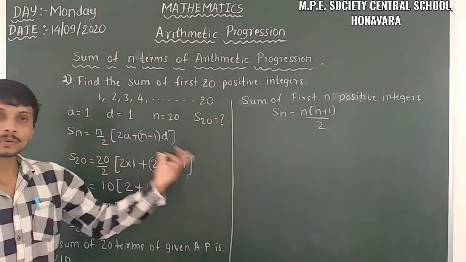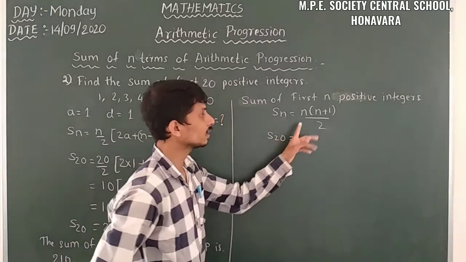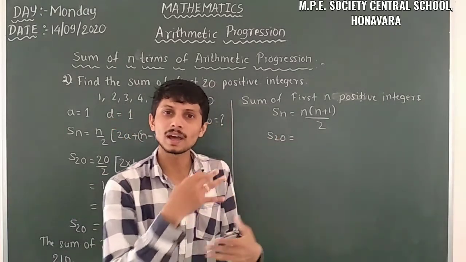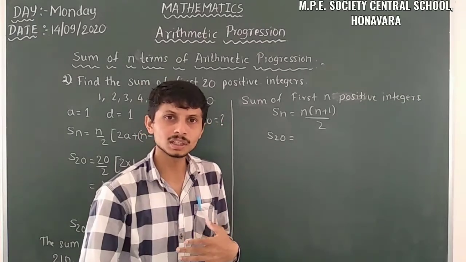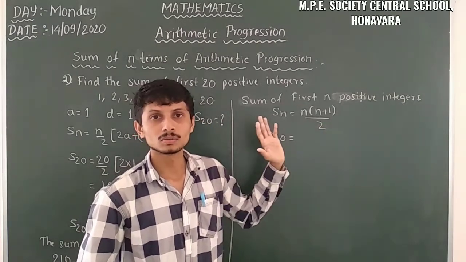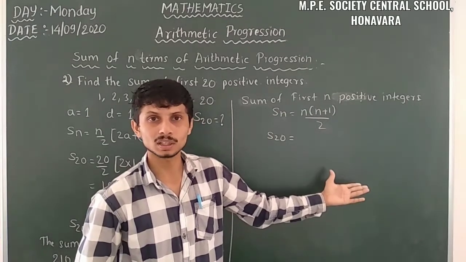So the sum of 20 terms, that is S20, is equal to, just insert n is equal to 20 in this equation. There is no need of the value of a, there is no need of the value of d. Simply we can find it by substituting the value of n is equal to 20.